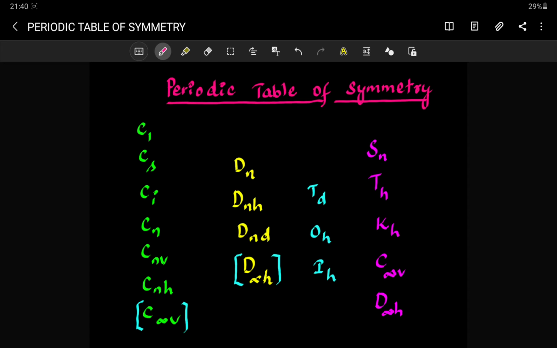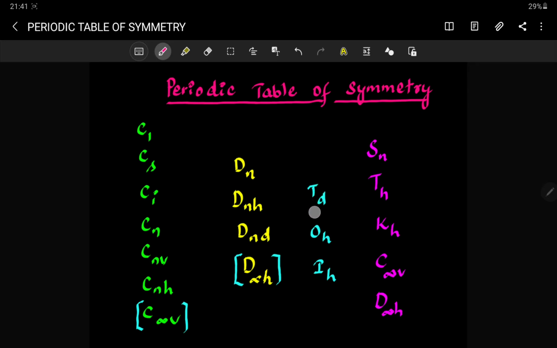These point groups could further be classified on the basis of some similarness. Here are the point groups that are given. When carefully looked at, we see that there is a C-type which contains only a principal axis, and then D-type that contain a principal axis along with C2s that are perpendicular to the principal axis.